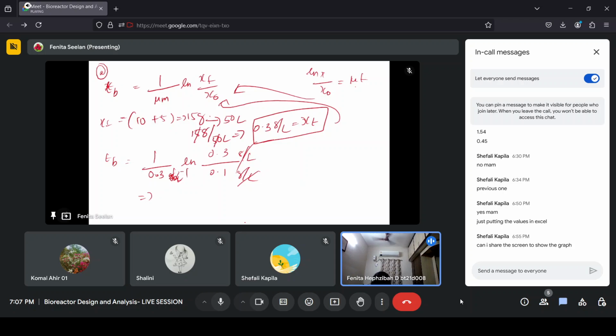So if you do the math, can somebody solve this for me? 1 divided by 0.3 ln of 0.3 divided by 0.1. 0.3 divided by 0.1 is 3, which is equal to ln 3, is 1.0986.